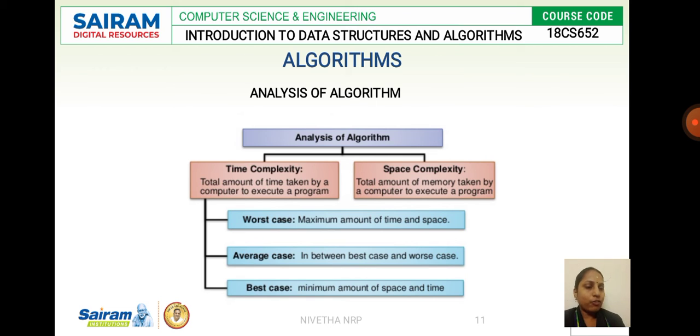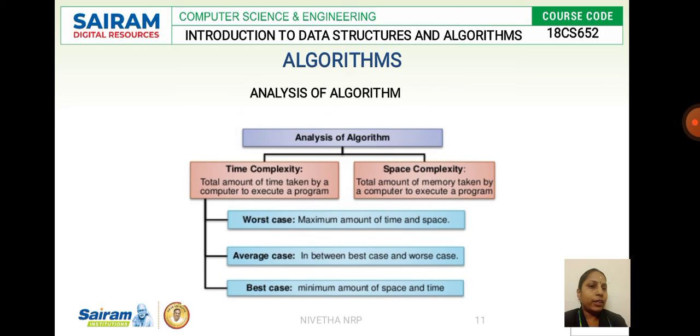So when it comes to the analysis of algorithm, these two concepts play a vital role: time complexity and space complexity. The amount of time taken by a computer to produce the output is the time complexity, and the amount of memory taken by a computer to execute a program is space complexity.